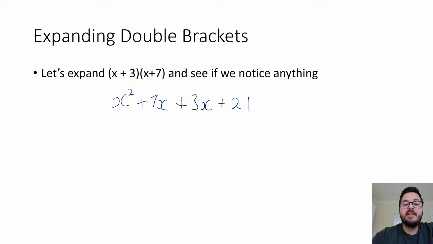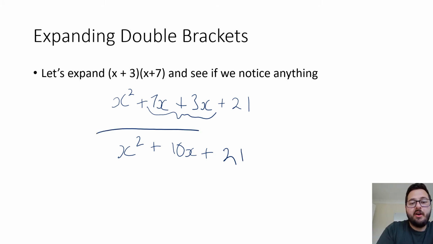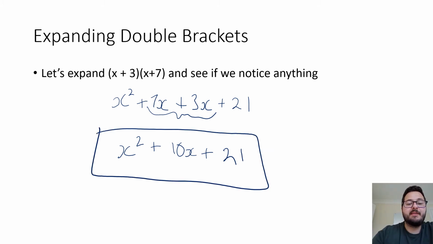Then we can bring these two terms together, so we're going to end up with x squared plus 10x plus 21. So we've started off with x plus 3 and x plus 7, and we've ended up with x squared plus 10x plus 21.